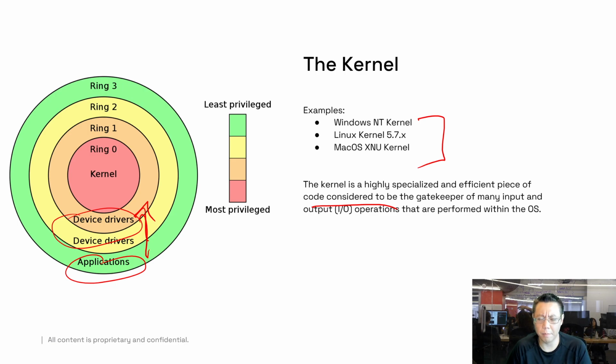In the early mid 70s, there was a Linux kernel creation, and now we're on 5.7 as of the year 2021. Mac OS also uses its own kernel, which is called XNU kernel. And again, kernels are based on families that have different versions and they're usually compiled and targeted towards very specific operating systems for very specific use cases and functions.